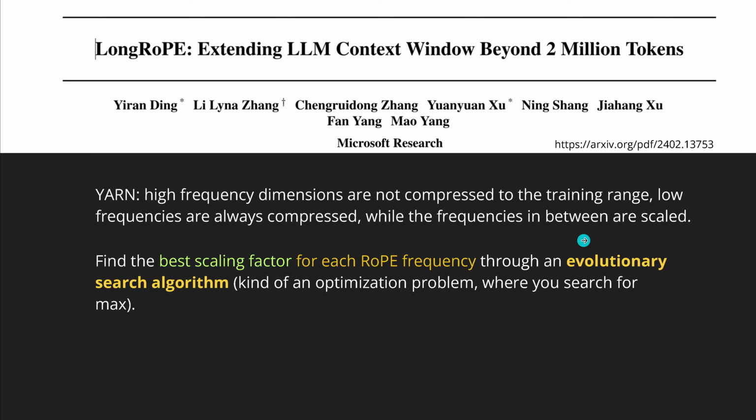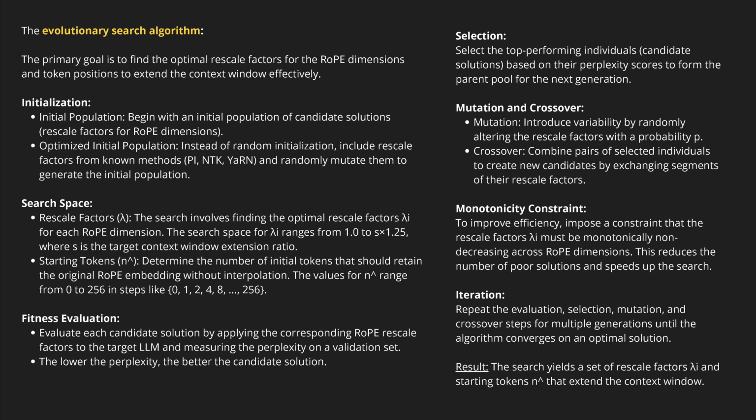And here you have now the complete optimization system. When Microsoft talks about an evolutionary search algorithm, they have an initialization phase, they have a search space with the rescale factors, they have what they call a fitness evaluation, then they go to a selection, so they select at this stage the top performing candidate solutions based on their perplexity scores.